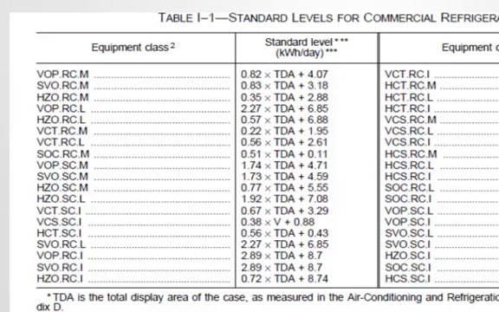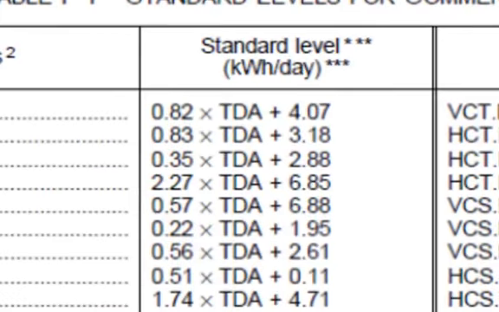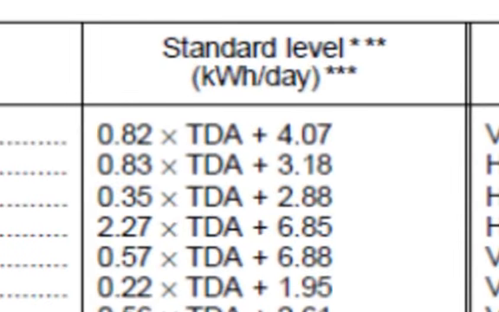And the standard power level is specified as a function of either the total display area, TDA, or the volume. So for instance, if you look at a vertical open refrigeration case, the kilowatt hours per day are 0.82 times the total display area plus 4.07.